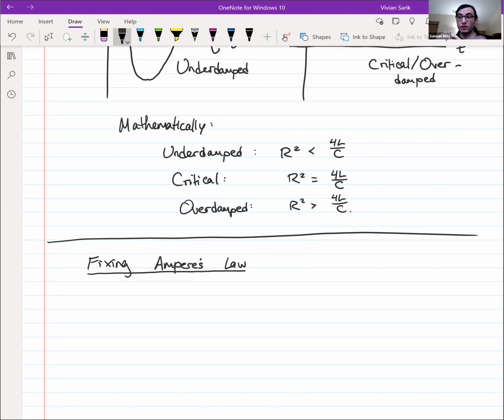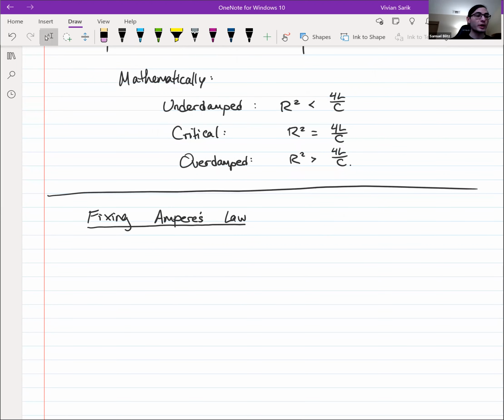It's not technically enclosed if it's a finite length of wire. We talked about that when we were first talking about Ampere's law. But there is a way to fix it so that we don't just have to worry about things not being enclosed.